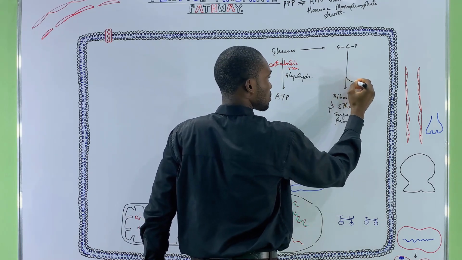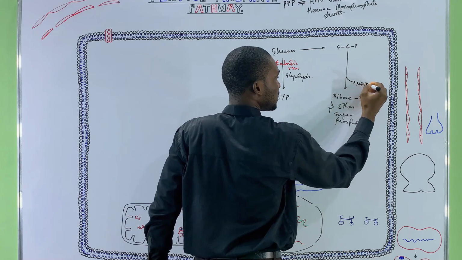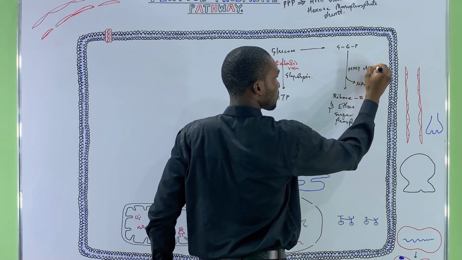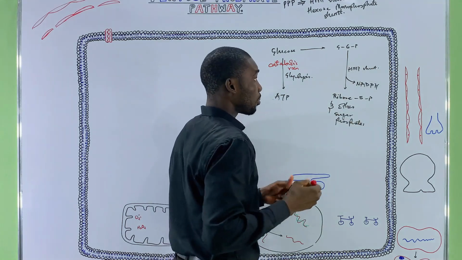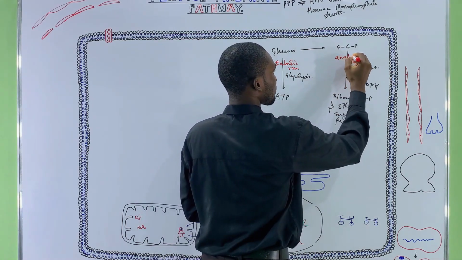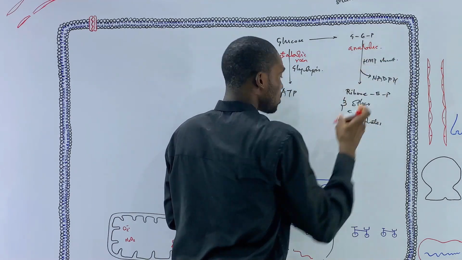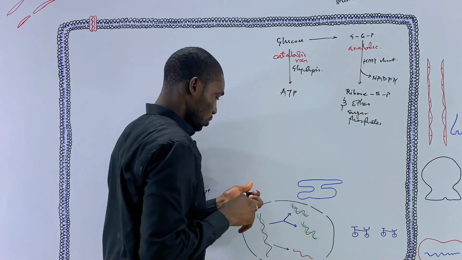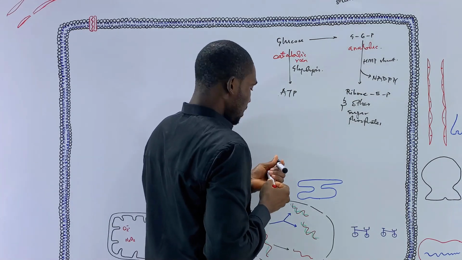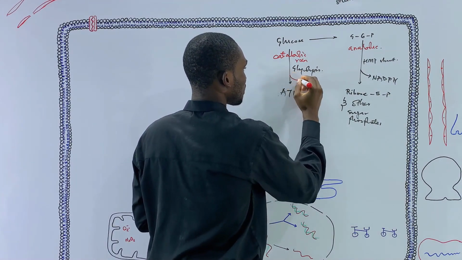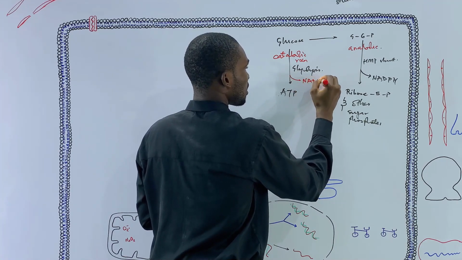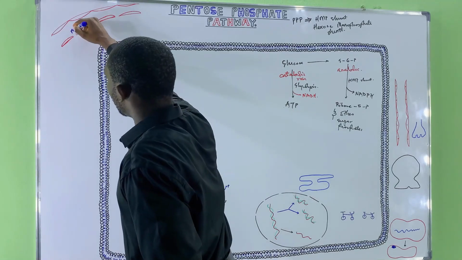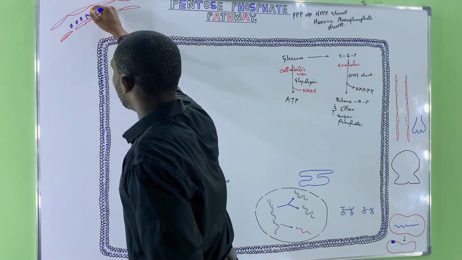This HMP shunt forms NADPH. Remember, this is your HMP shunt. And it is what? Anabolic. So NADPH is formed in HMP shunt, while NADH is formed in glycolysis.